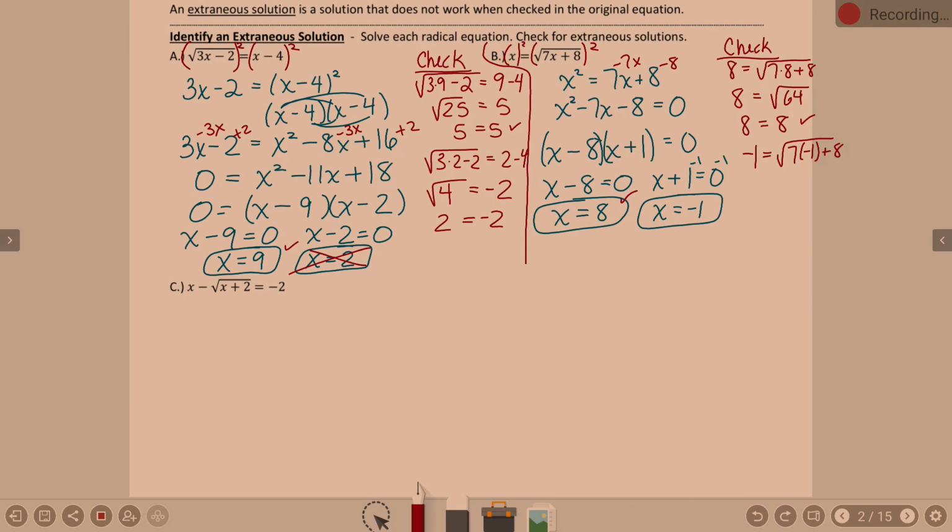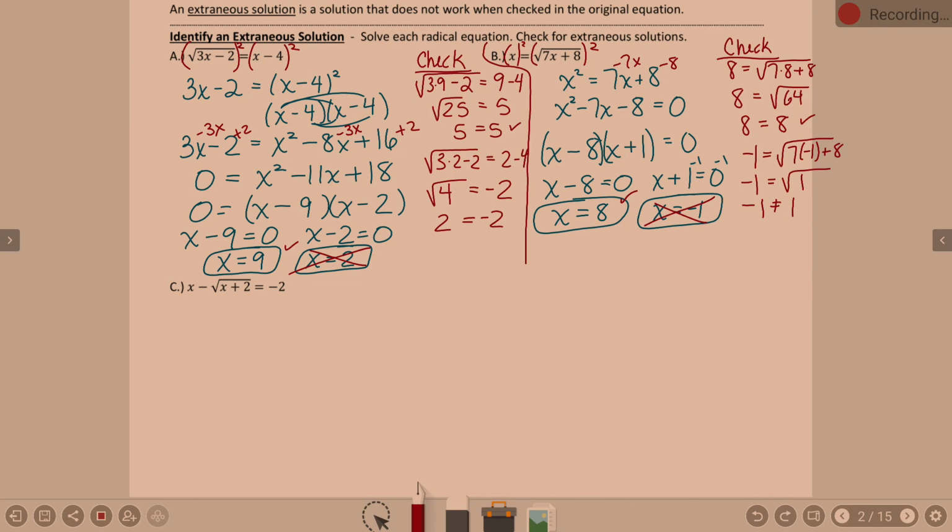The radical is only asking for the positive root. So it's not going to happen here. I mean, if you keep going, it's the same type thing where, okay, 7 times negative 1 is negative 7, plus 8 is 1. You have the square root of 1, but you end up with negative 1 equals 1. When you have a radical equaling a negative, that's not going to work. So automatically, you know right there it's not going to happen.